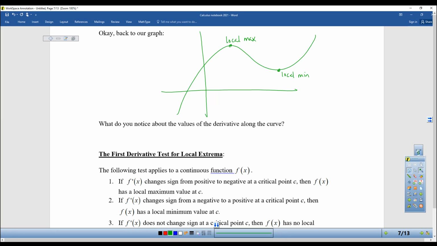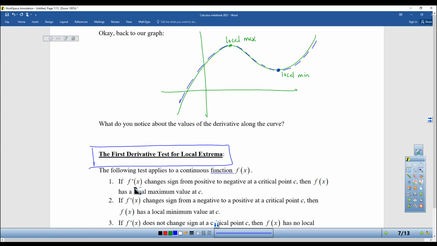Notice what's happening to the slopes. The slopes all the way along this curve for that whole section are positive. But once you reach the maximum, the slopes are negative. And then once you reach the minimum, the slopes become positive again. This is called the first derivative test for local extrema.